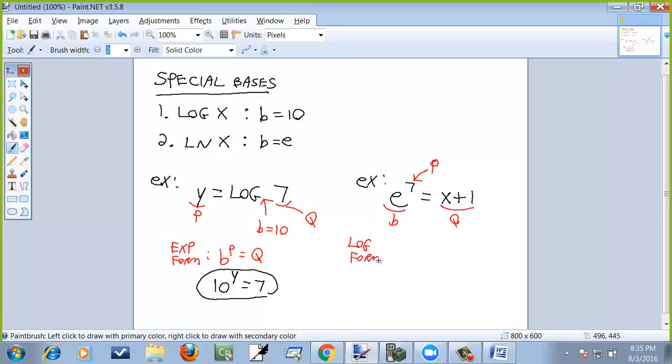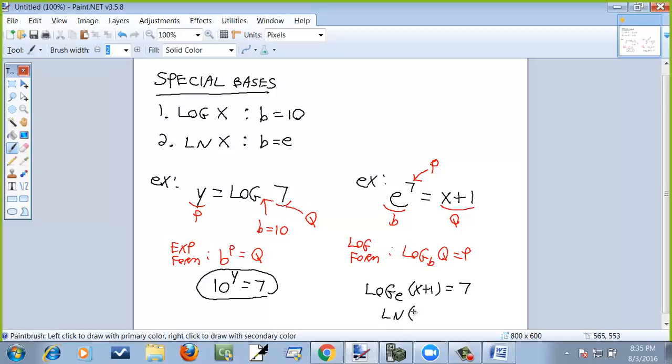And our log form says we got log base b of q is equal to p. So b we said was e, q we said was x plus 1, equals p, which is 7. Now whenever you have a base of e, you automatically rewrite it as natural log.